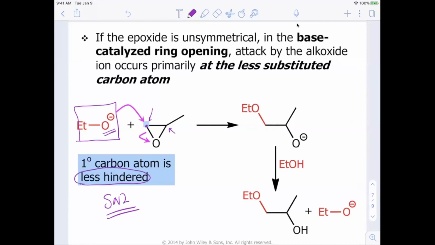And so in a base catalyzed situation, the nucleophile attacks the carbon of the epoxide that has the most room, that is the most open, and that is the least hindered. And so then we end up with our product where the alcohol, we still have to protonate that oxygen to get the alcohol. The OH group ends up being on the carbon that is more hindered, and your nucleophile is on the carbon that is least hindered.